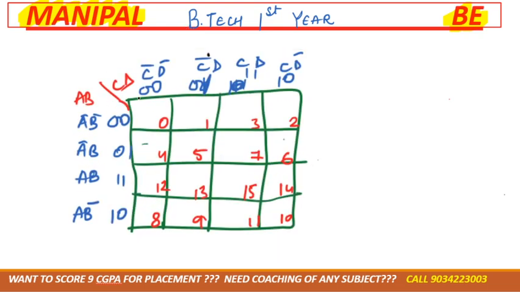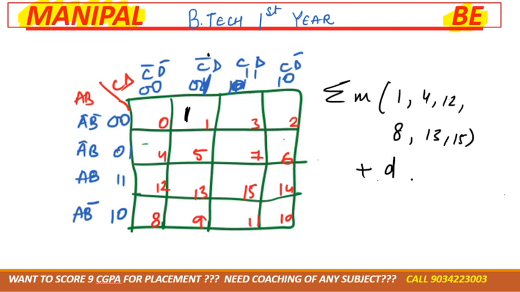So suppose in this we'll have the minterms given: m1 and 4, 12, 8, 14, plus don't care is denoted by d, that is 5 and 0.